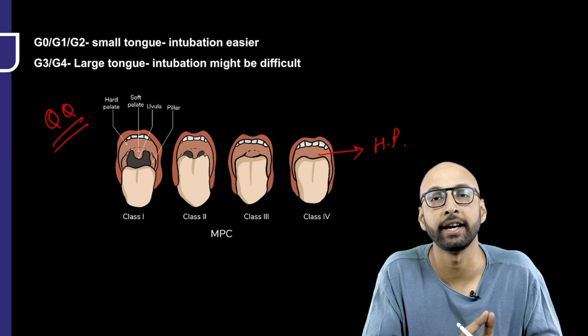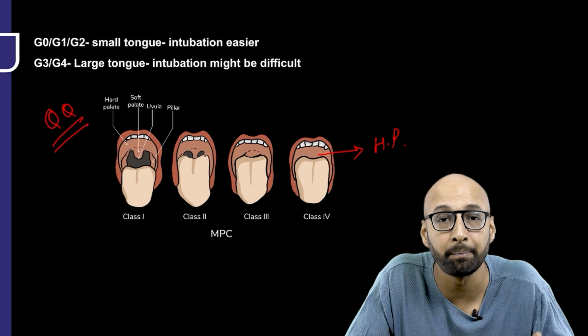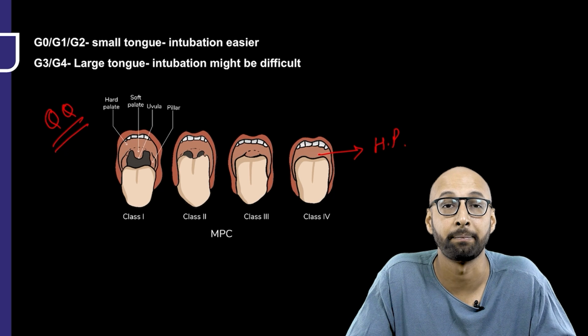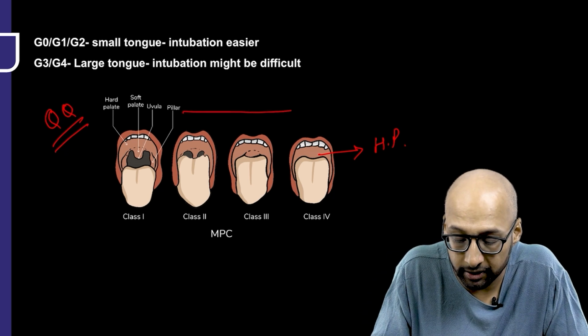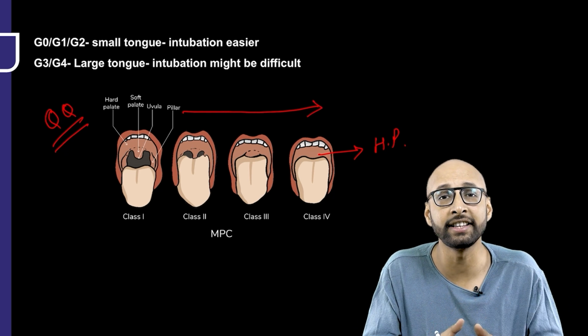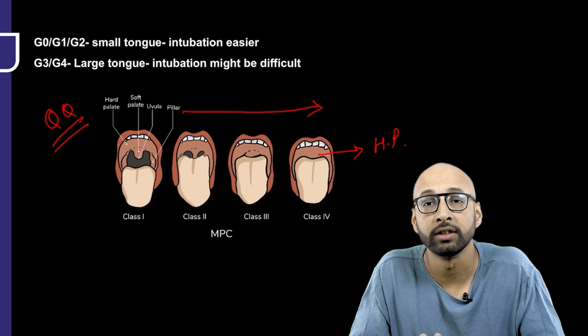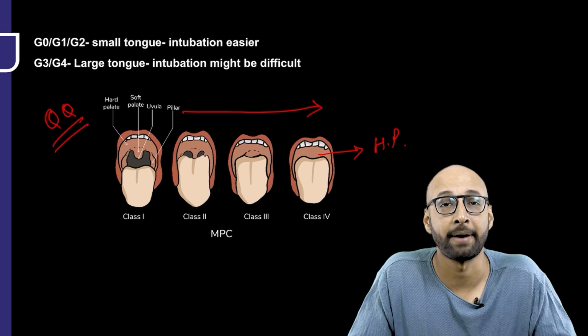So the hard palate is visible in all 4 structures. Now just see the first one: the pillars are visible, the uvula is visible, the soft palate and the hard palate are visible. And as we move towards the severity of the grade, each structure is diminishing, right? So in class 4, only the hard palate is visible.